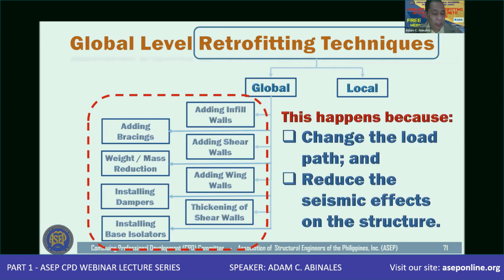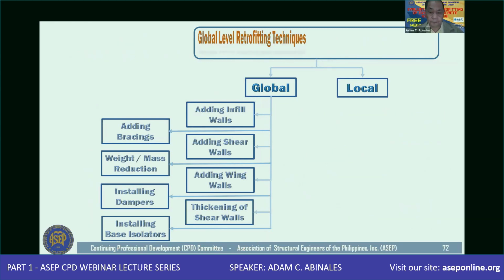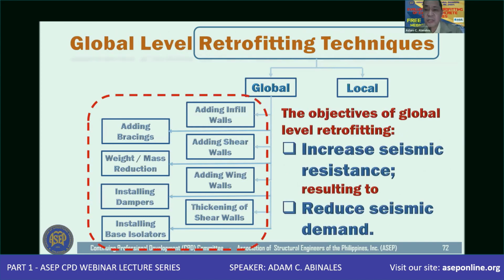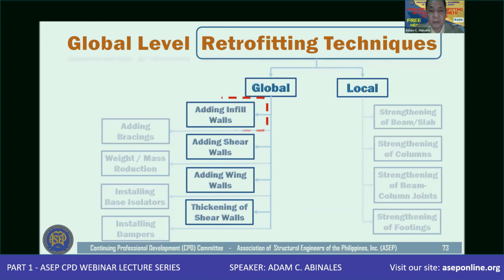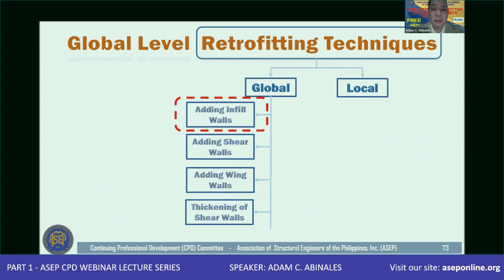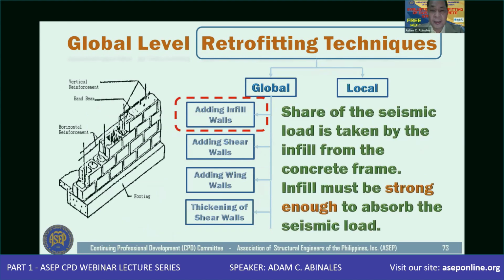As I have mentioned a while ago, system strengthening will definitely change the load path, and it will reduce the seismic effects of the structure. The objective of global level retrofitting is to increase seismic resistance, resulting in reduced seismic demand. Now, let me go through each of these global level retrofit techniques one by one.